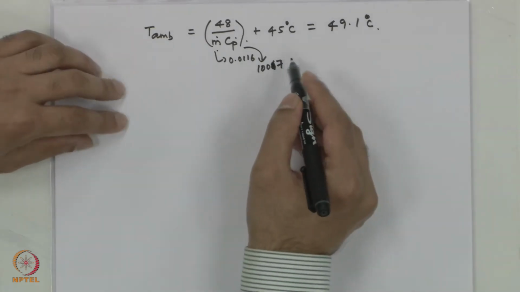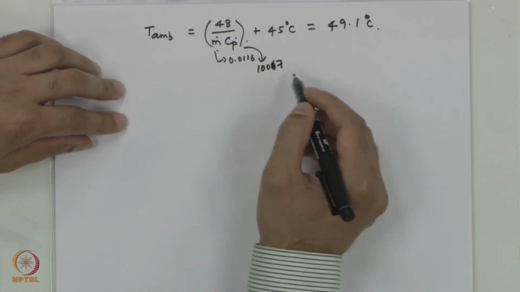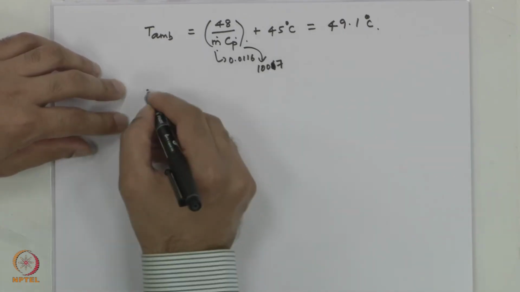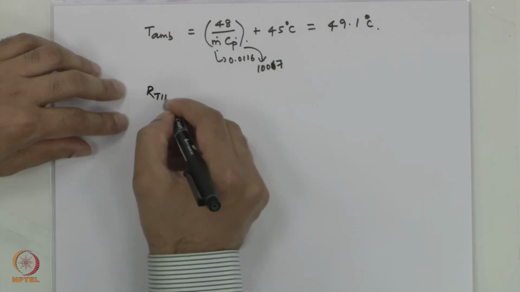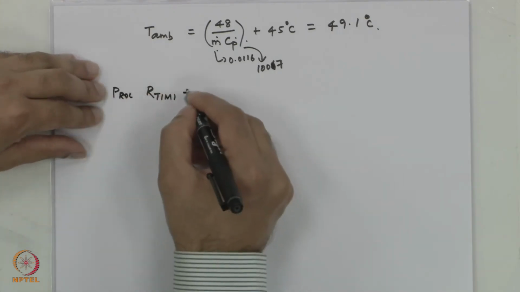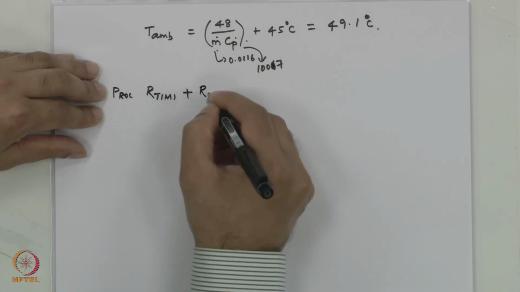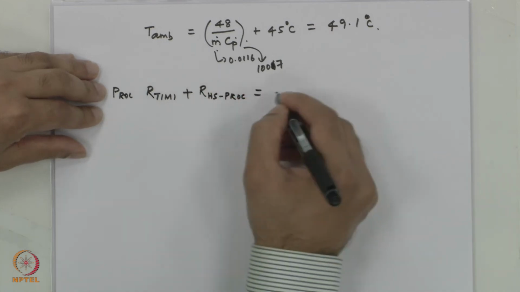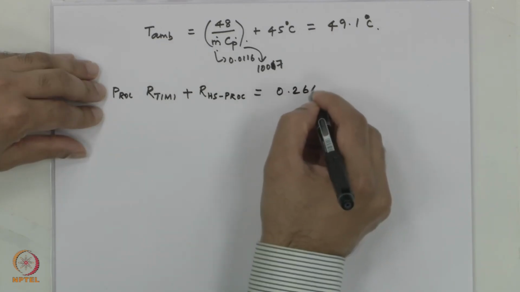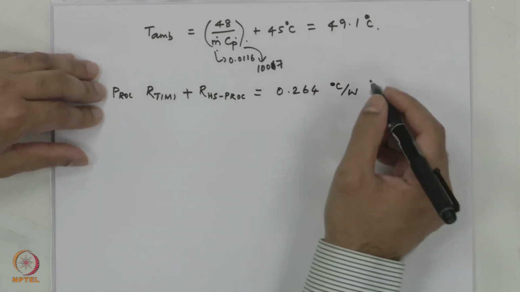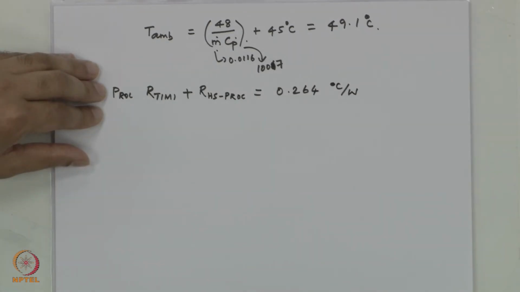So, we will just assume that it is well mixed for the purpose of this calculation, and we know that there is a TIM for the processor, and then we need to add the processor heatsink resistance, and that turns out to be 0.264 degree C per watt based on our calculations.